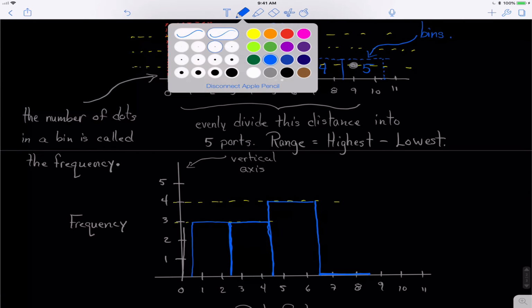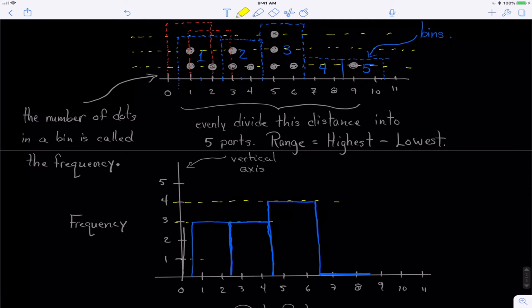So just for clarity, I'm going to take my 1 line and carry it over so I can keep track there. And let's get our blue. So I'm going to go from 8.5 up to the 1, and then 10.5 up to the 1, and I'm going to connect these. And that is a histogram.